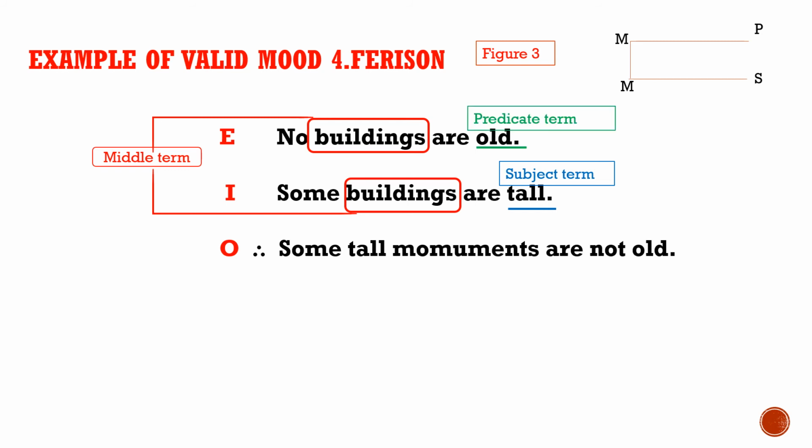Old will be the predicate term. This categorical syllogism of figure 3, Ferison, does not violate any rules of categorical syllogism and therefore it is the valid mood of the combination EIO.